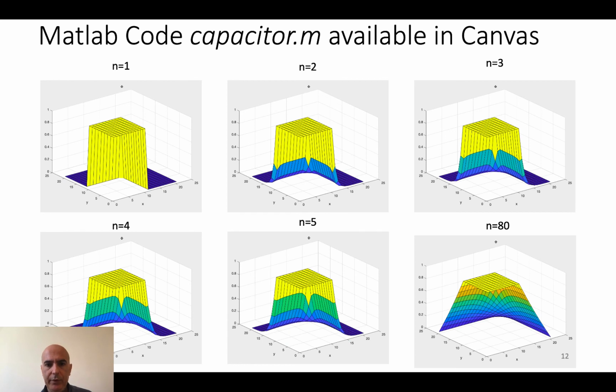If you use the code and plot the results at different iterations, we start from an initial guess that is equal to 0 everywhere, and we see that by increasing the number of iterations, the potential is converging to basically a straight line.